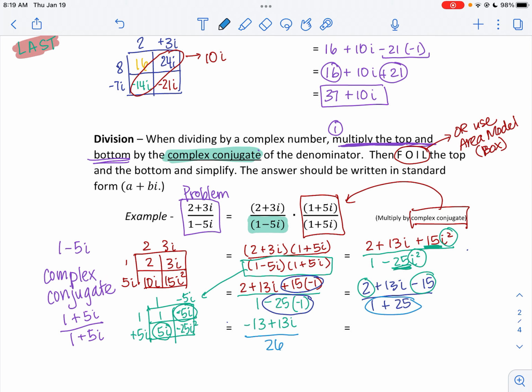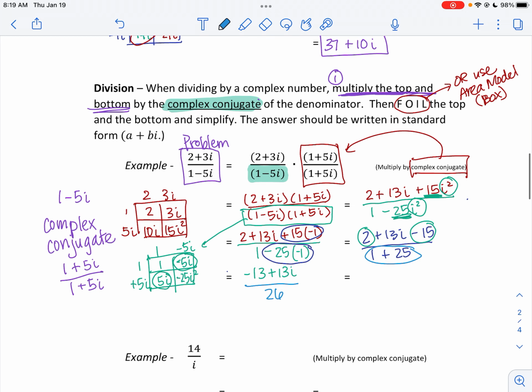13 and 26 are factors, and they have a close relationship. If I double 13, I get 26, right? So I'm going to factor out the 13, and I get 13 times (negative 1 plus i). If I distribute that 13 back in, I get negative 13, and if I distribute it to i, I get 13i.